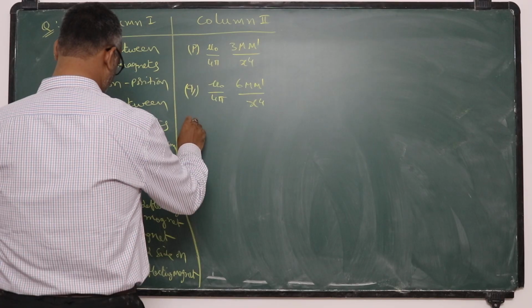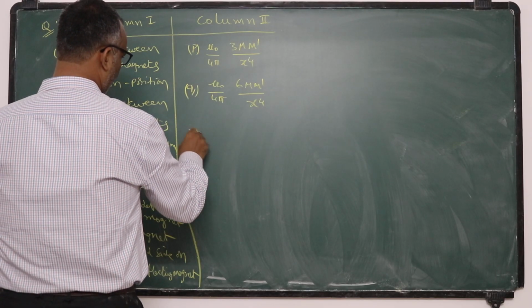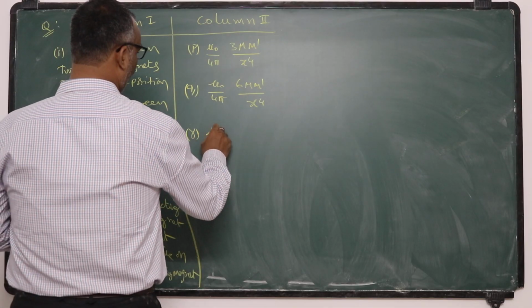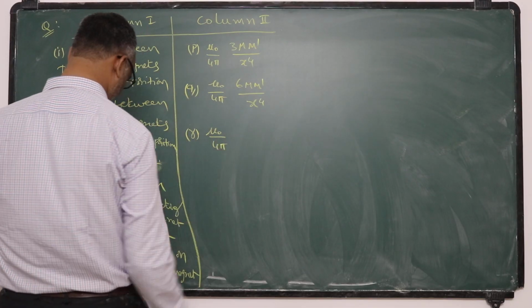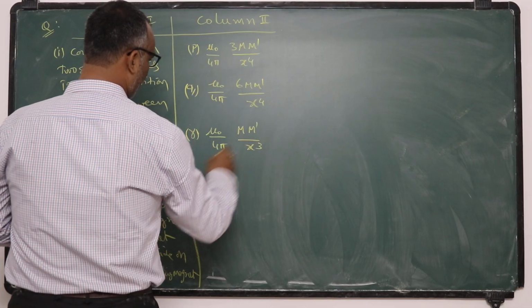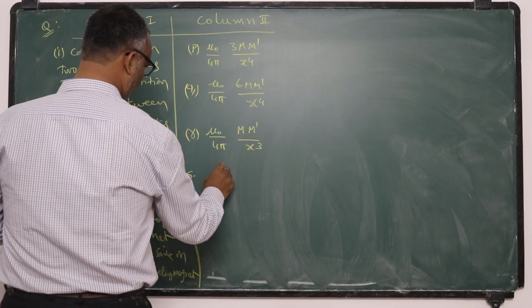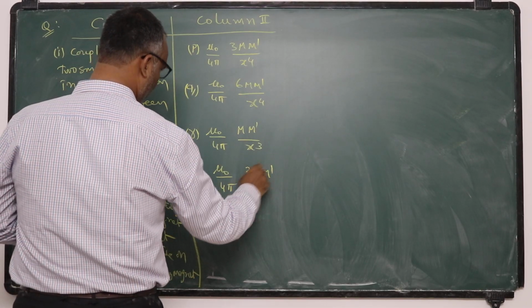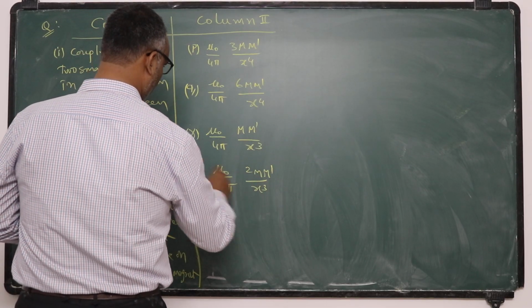R is mu naught by 4 pi, 2 m dash by x cube.